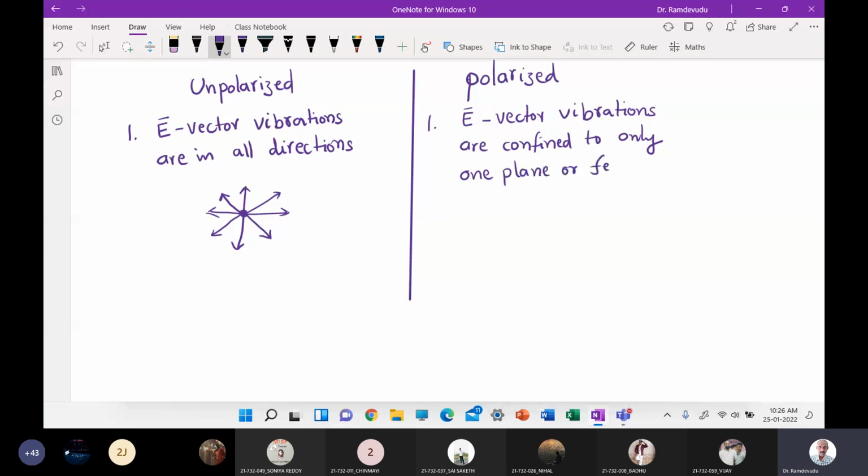As it is vibrating, we have a magnetic field. One plane is called plane polarized. A few directions is called partially polarized.